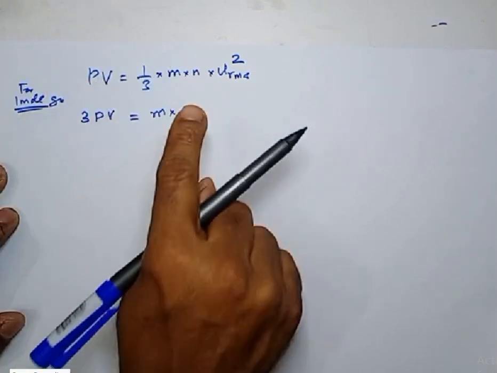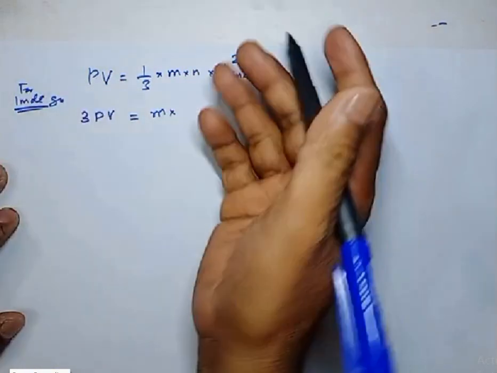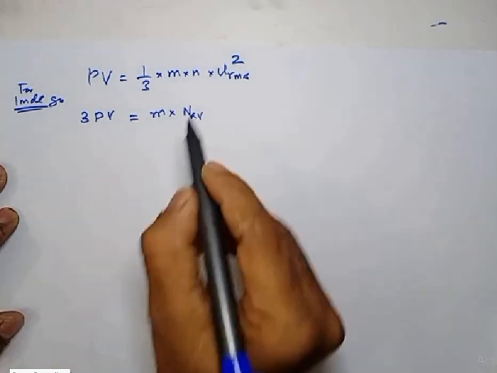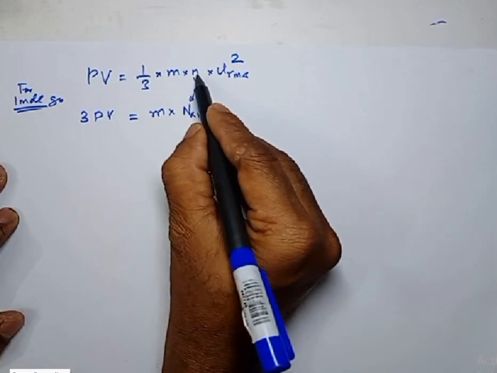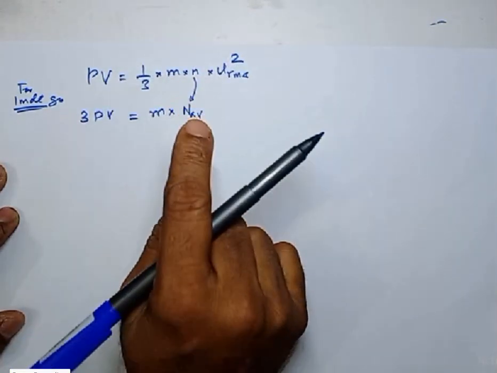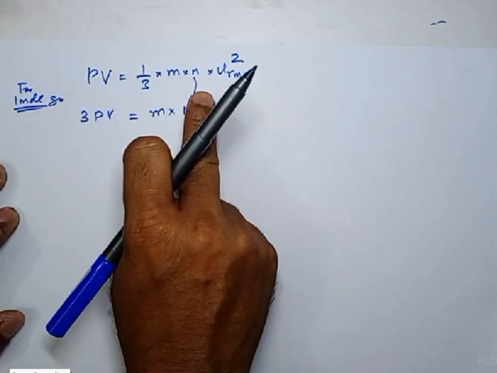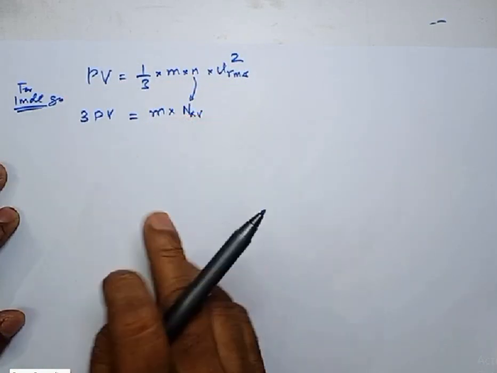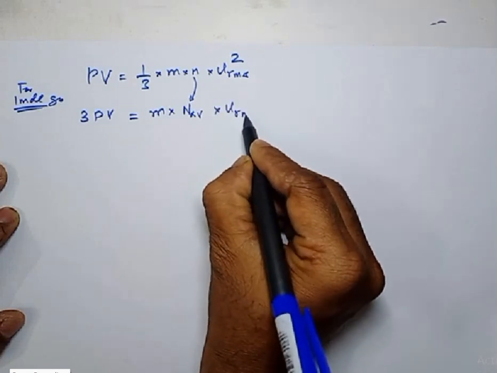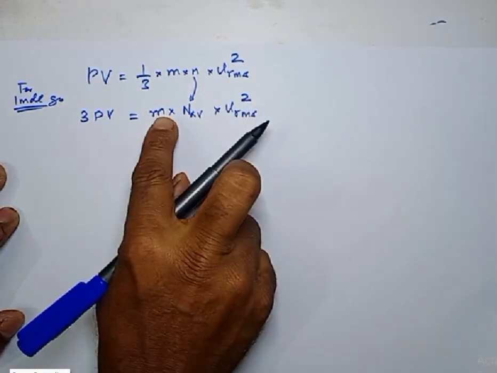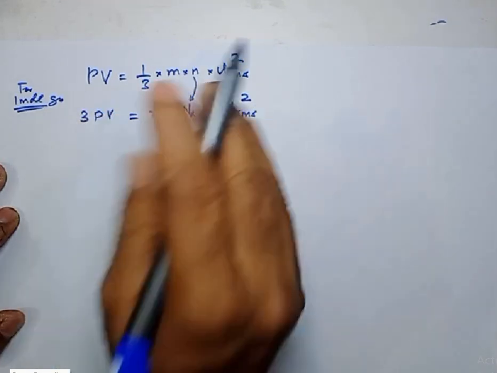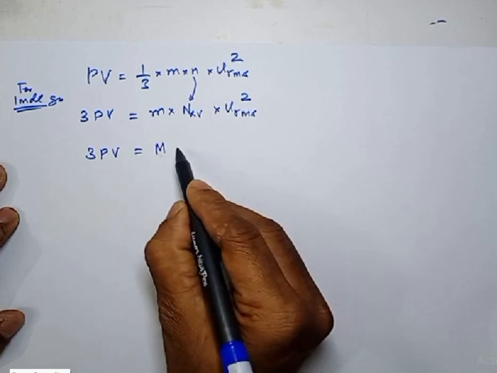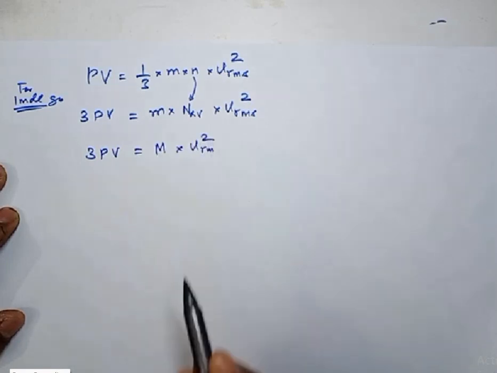If you take 1 mole of gas, then the number of molecules becomes the Avogadro number. Note that n is the number of molecules, not the number of moles. So for 1 mole of gas, the gas contains Avogadro number of molecules into URMS square. Mass of one molecule into Avogadro number is nothing but the molar mass. So 3PV is equal to molar mass into URMS square.